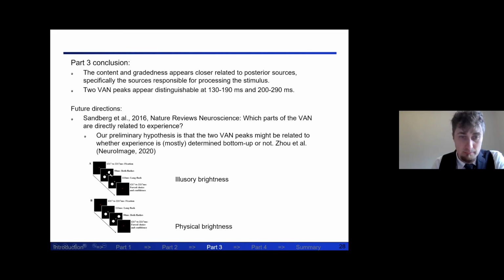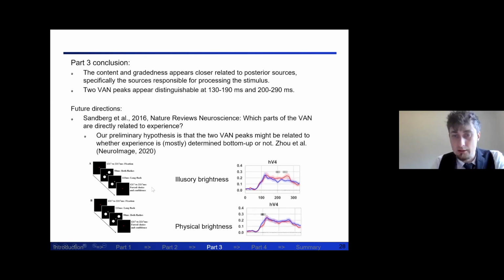So through some sneaky tricks, we can compare the activity of this flash to this flash. The physical stimulation is the same, but one is, as an illusion, brighter than the other. Here we found that it's mostly the late part of the time window that predicts experience, whereas if you physically ramp up the luminance of the stimulus, you of course also get an experience difference, but it's more in the earlier time window.